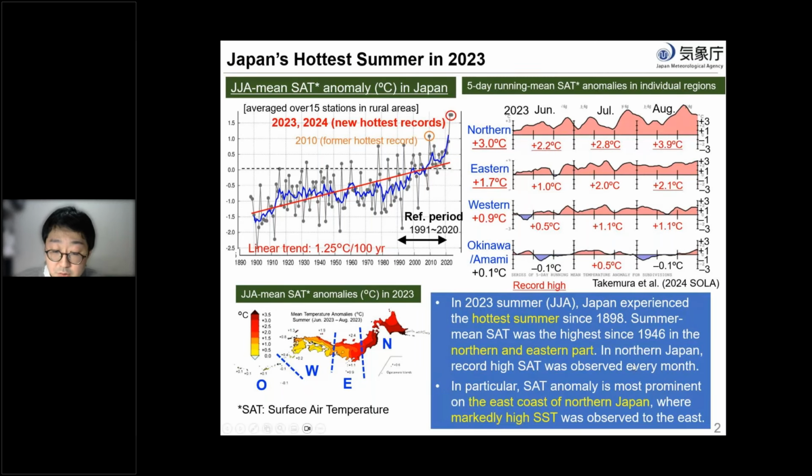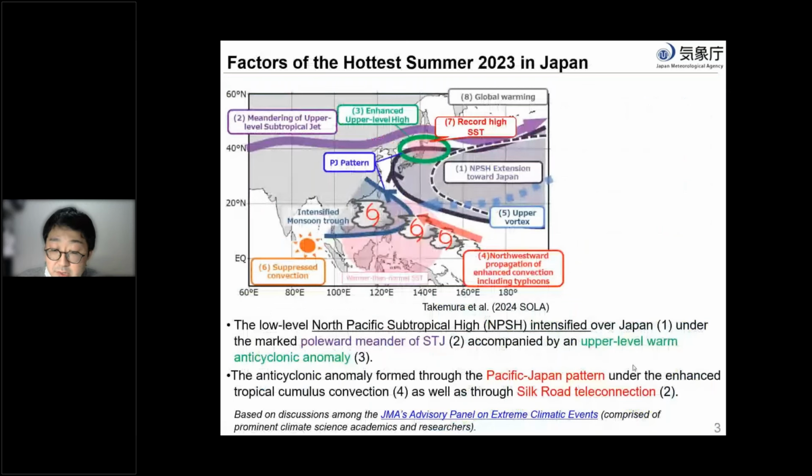And this figure shows some factors of this hottest summer based on discussions among JMA's advisory panel on extreme climate events. This panel comprised prominent climate science researchers in Japan.